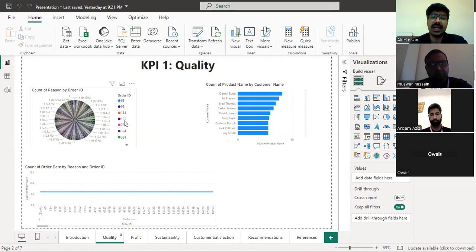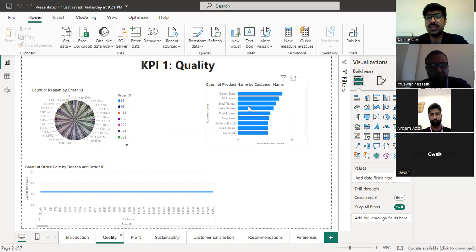This chart categorizes certain reasons. It could be issues, queries, or any other categorization criteria. The percentage indicates the portion of each reason to the total count of reasons collected, and the color coding and the list on the right side help in identifying which order ID corresponds to which segment of the pie chart.